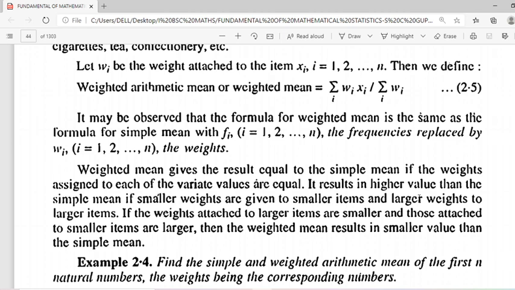Suppose you are given the observations x1, x2, ..., xn, and the corresponding weights are wi, i from 1 to n. So the weighted arithmetic mean is the summation of i from 1 to n of wi xi divided by the summation of wi.